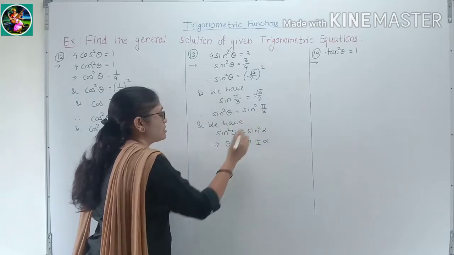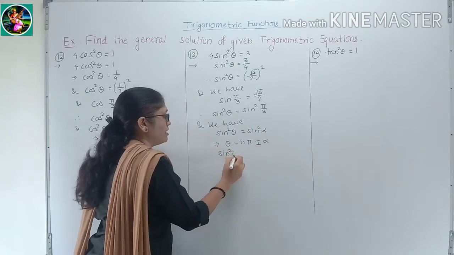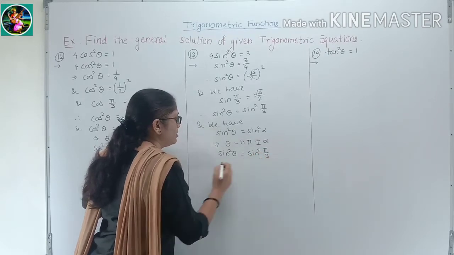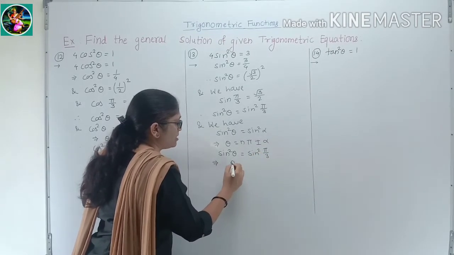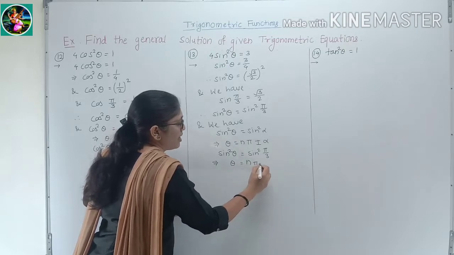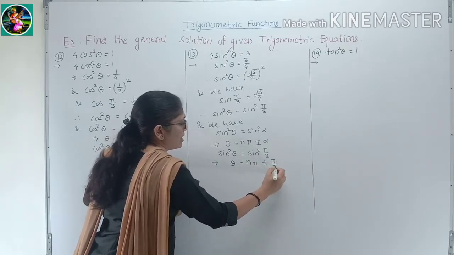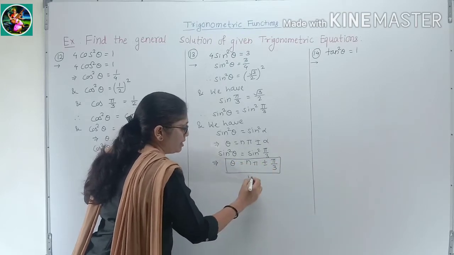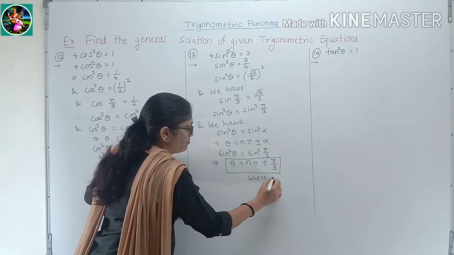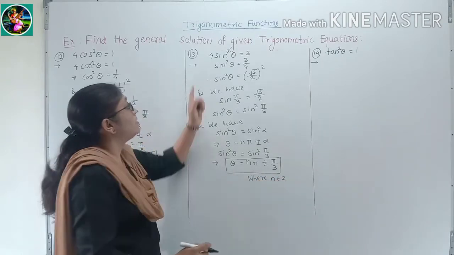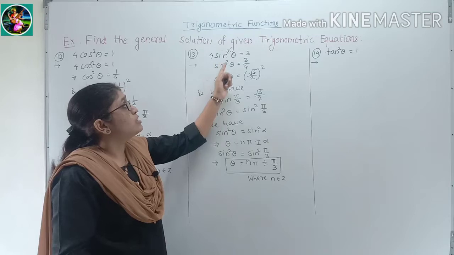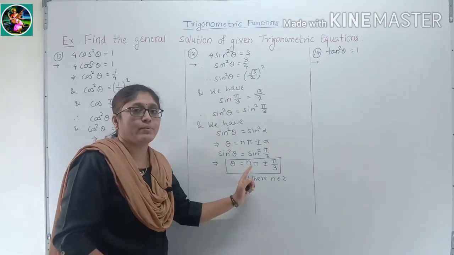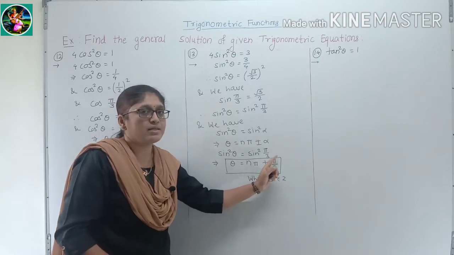Therefore, sin square theta is equal to sin square pi by 3 gives the solution theta is equal to n pi plus or minus pi by 3, where n belongs to z. Therefore, the given trigonometric equation 4 sin square theta is equal to 3 gives the solution theta is equal to n pi plus or minus pi by 3.